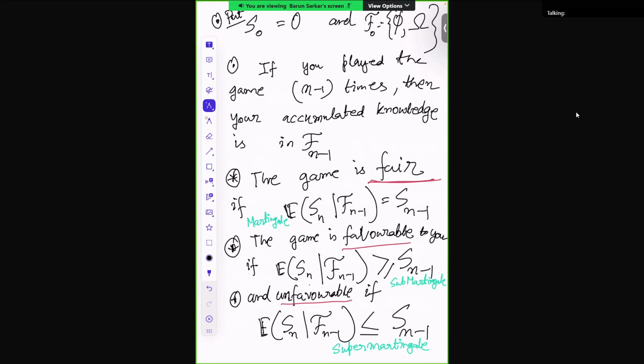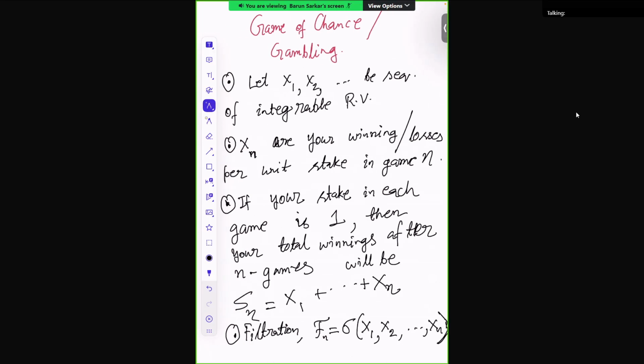Here also I have taken S0 equal to 0, right? And S1 equal to x1, S2 equal to x1 plus x2, S3 is equal to x1 plus x2 plus x3.